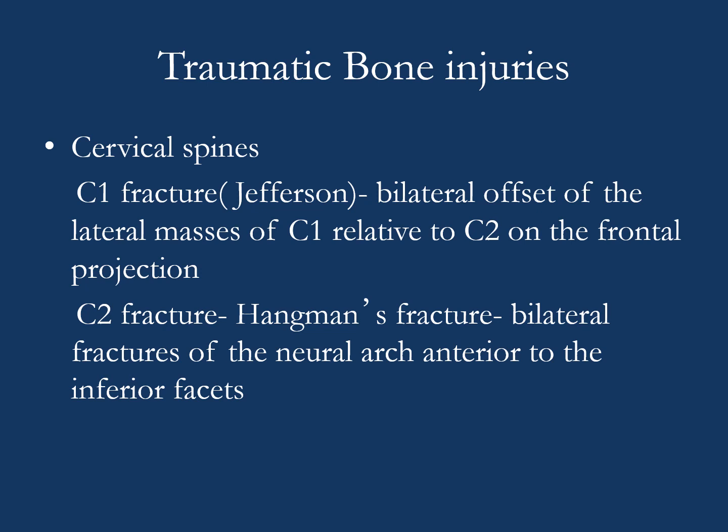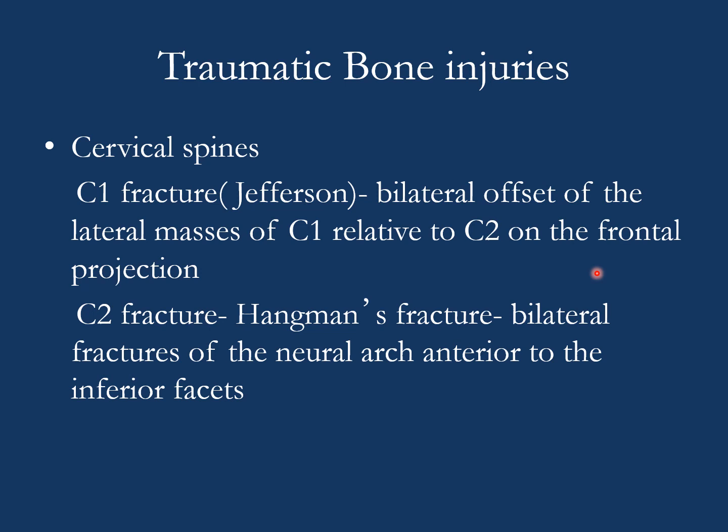Okay, let's talk about now the spines. We'll start off with the cervical spines. C1 fracture or the Jefferson fracture, it's a bilateral offset of the lateral masses of C1 relative to C2 on the frontal projection.